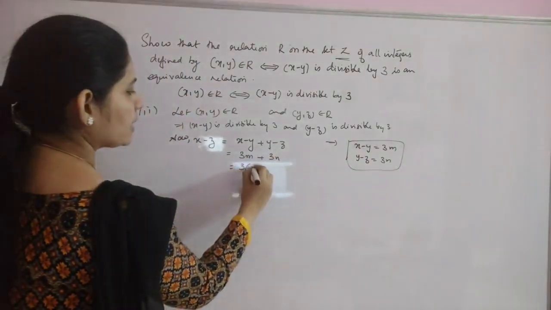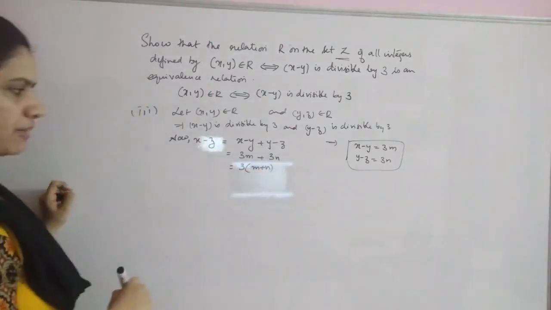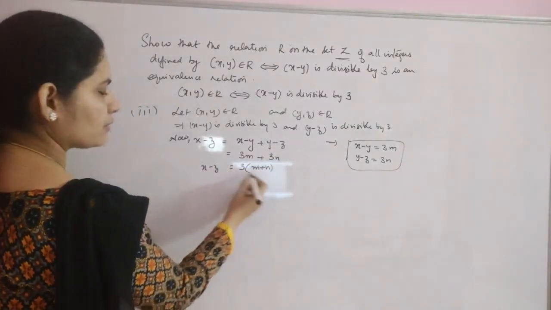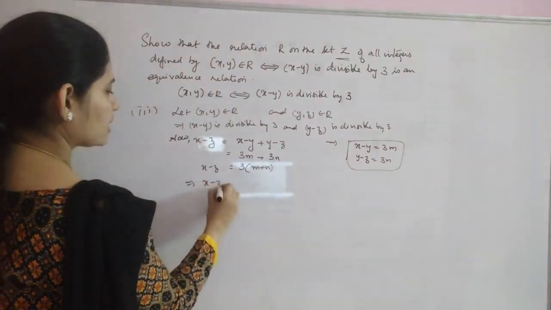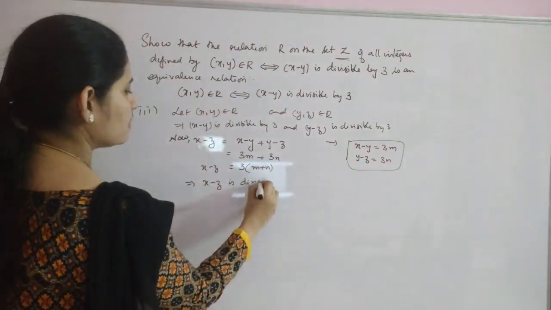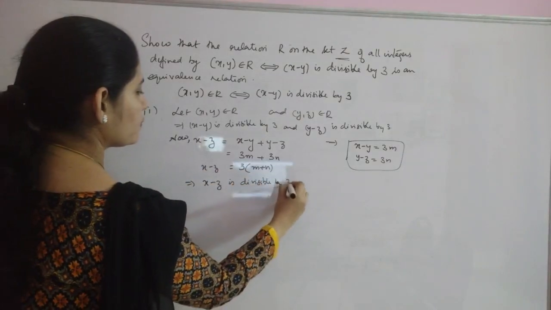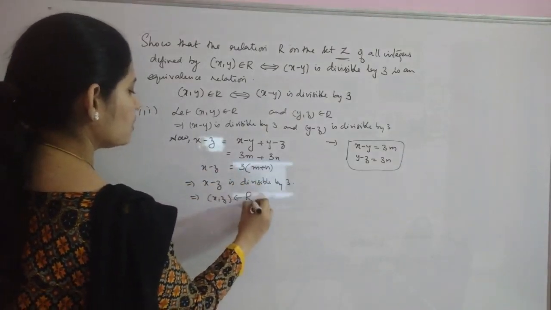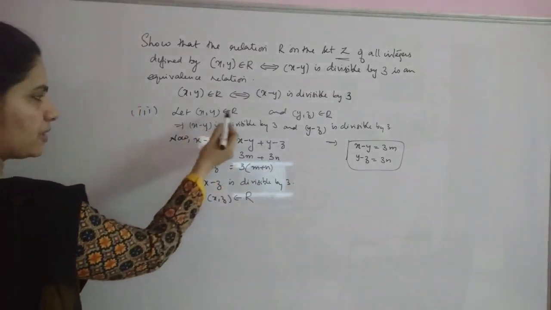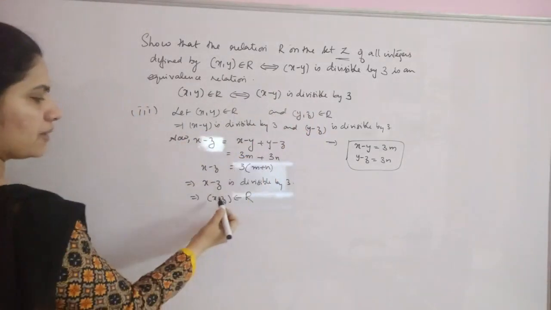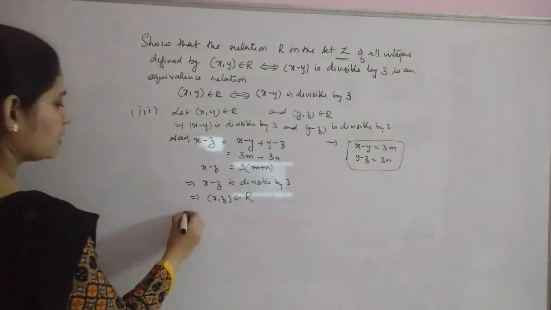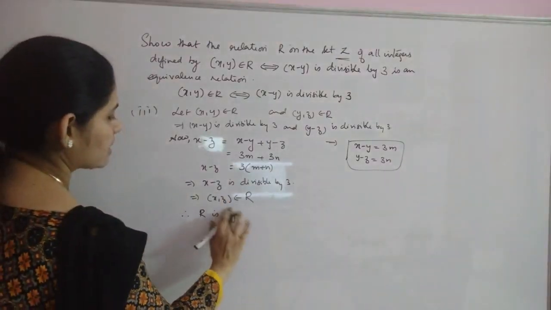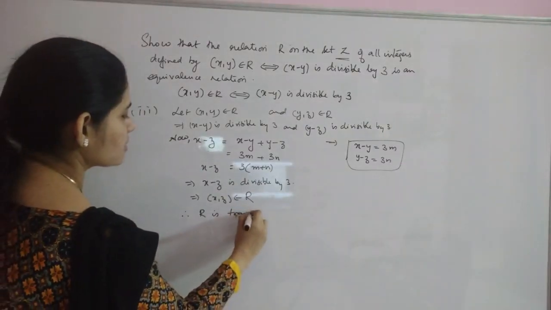Okay, so 3 can be taken out, this will become 3 into m plus n. So x minus z is a multiple of 3, which implies that x minus z is divisible by 3. Hence you can say that xz belongs to R. So xy belongs to R, yz belongs to R, implies xz belongs to R. Therefore R is transitive.